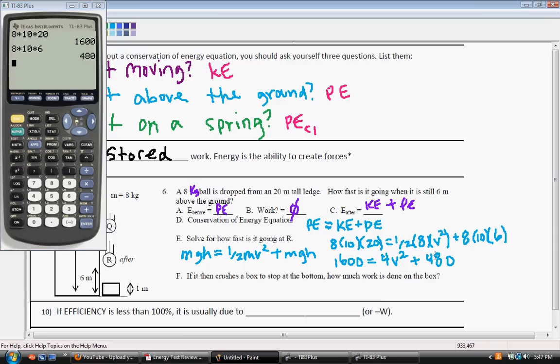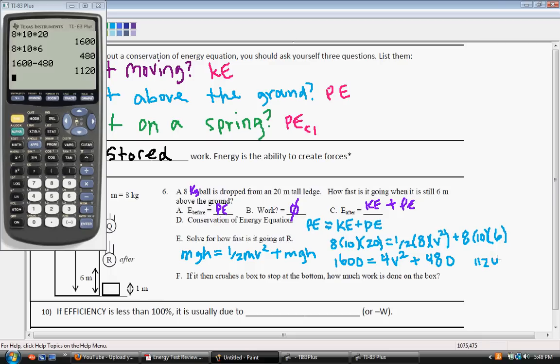Our next step is to subtract 480 from both sides. On the right side it goes away, on the left side we do 1600 minus 480, and we get 1120.